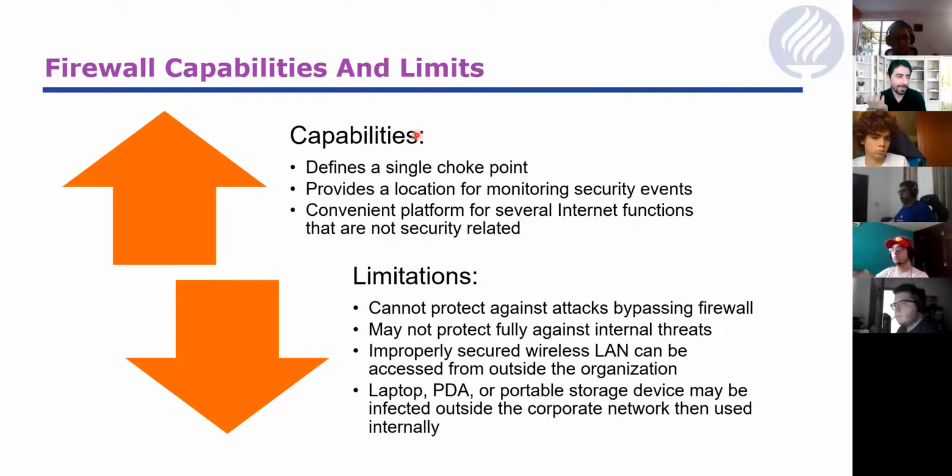Firewall capabilities have certain limits and advantages, of course, capabilities and limitations. We already said all the traffic from the internal network to outside or from outside to the internal network should pass through it, so it makes it a single choke point.